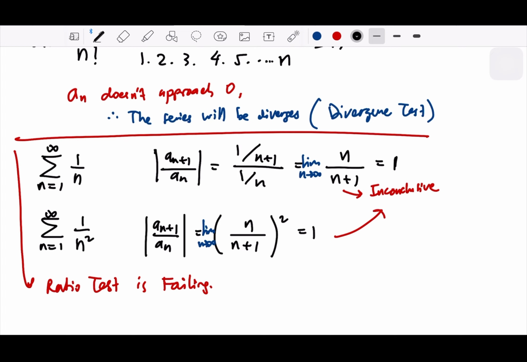Now there's another one. So the ratio test, and the second one is the root test. Both have the same or similar conclusions: L less than 1, L greater than 1, and L equal to 1.